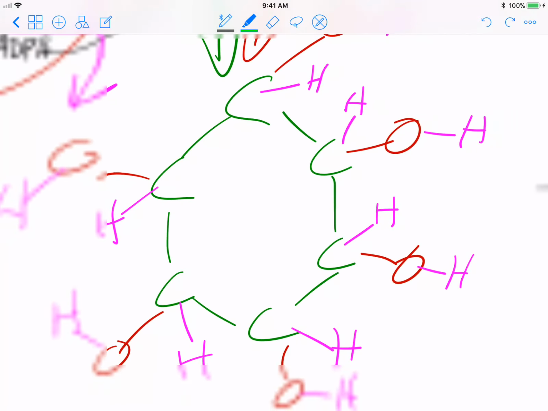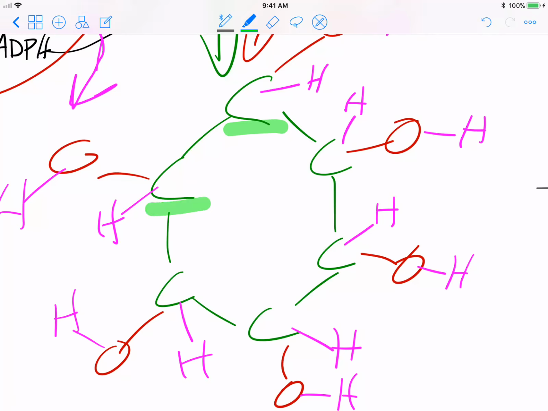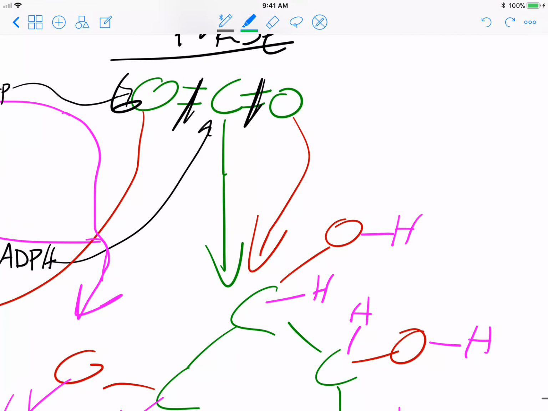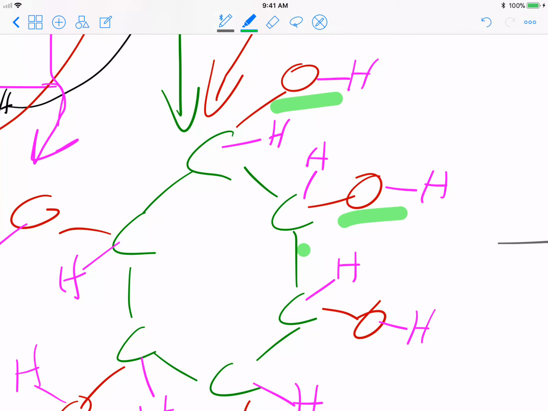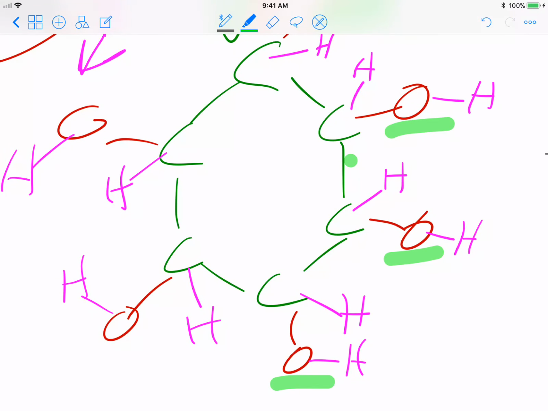If we come down to our ring here, we end up with 1, 2, 3, 4, 5, and 6 carbon atoms. And we've got 6 lone oxygens still left over. If we count those, we've got 1, 2, 3, 4, 5, and 6 oxygen atoms left over as well.